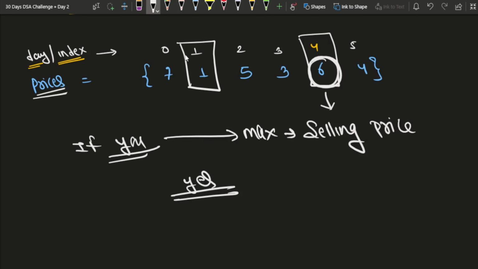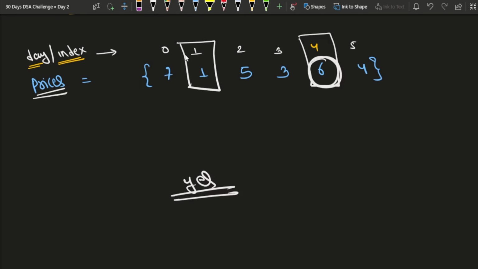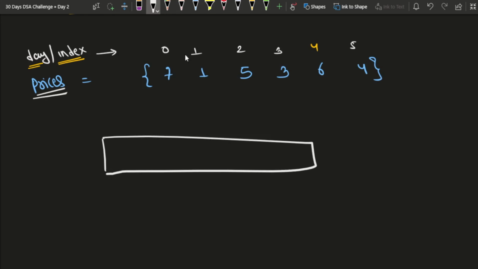If I basically know what is the maximum selling price, then I can definitely calculate my maximum profit. So what we need to do is make another array of the same size.